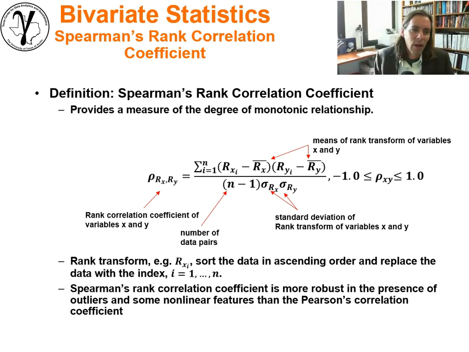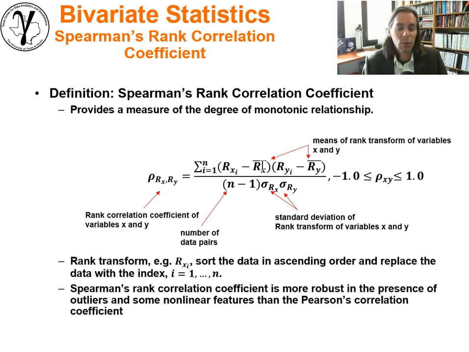What does it do? All we do for the Spearman is we simply replace all of the values, the samples for x and y, the means of x and y, and the standard deviations of x and y, with the rank transformed data samples, mean, and standard deviation. What's a rank transform? Super easy. Take the x feature, sort it in ascending order from lowest to highest.